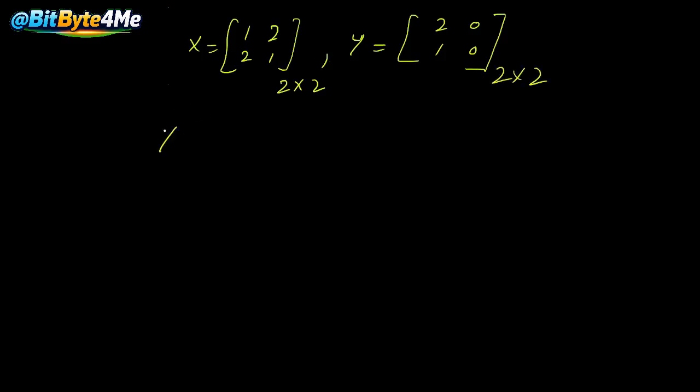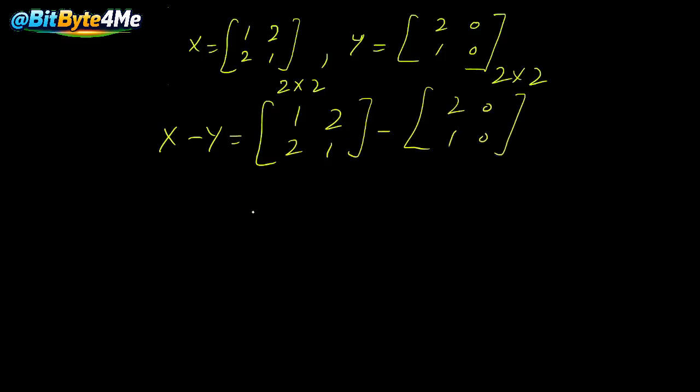So X minus Y is equal to [1 2; 2 1] minus [2 0; 1 0]. First element: 1 minus 2, second element: 2 minus 0, third element: 2 minus 1, fourth element: 1 minus 0.